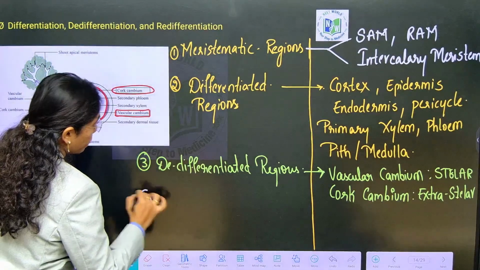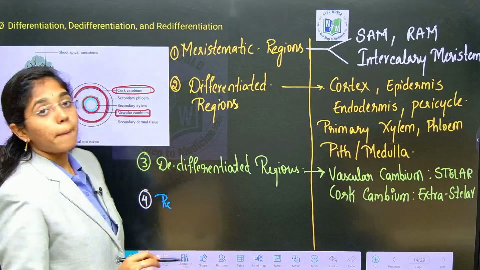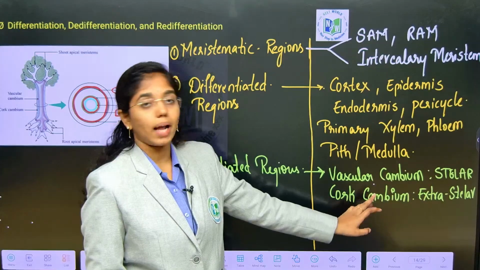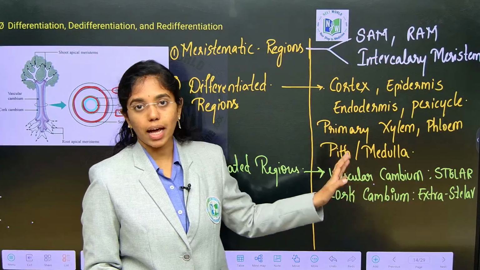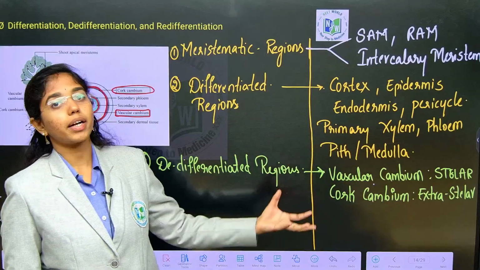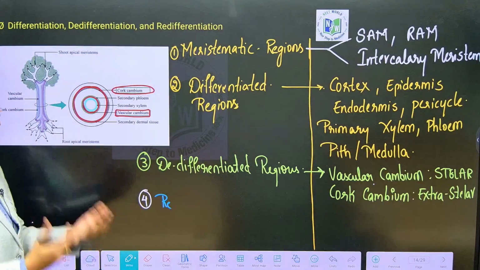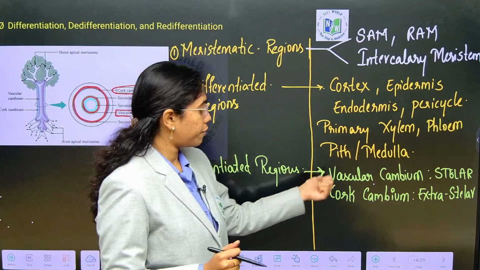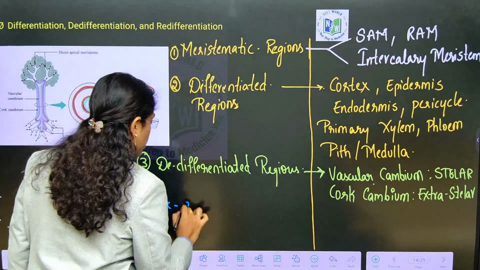And after this, if you observe, redifferentiated tissues. Redifferentiated tissues are those tissues which are formed by the meristematic activity of cork cambium and vascular cambium, both in the stellar region and in the extrastellar region. That is, you can consider cortical region and vascular region. In both the regions, the new permanent tissues which are formed by the activity of vascular cambium and cork cambium are addressed as redifferentiated tissues.